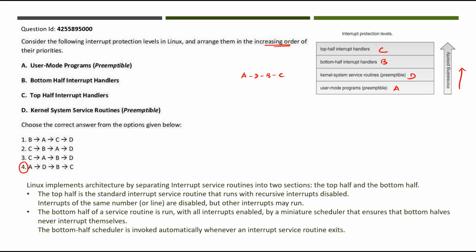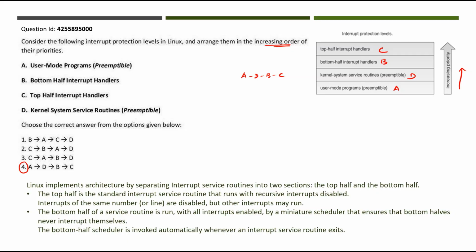Linux implements this architecture by separating interrupt service routines into two sections, top half and bottom half. Top half will be the standard interrupt service routine that runs with recursive interrupts disabled. Interrupts of the same number are disabled but other interrupts may run.